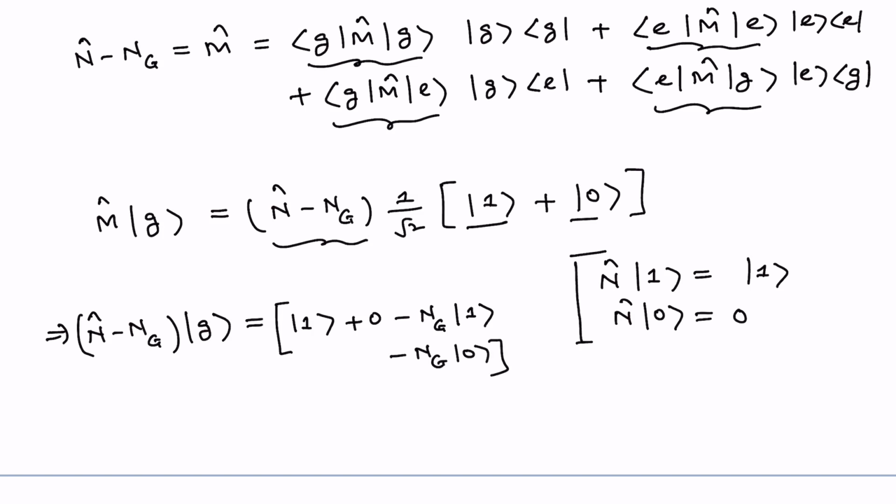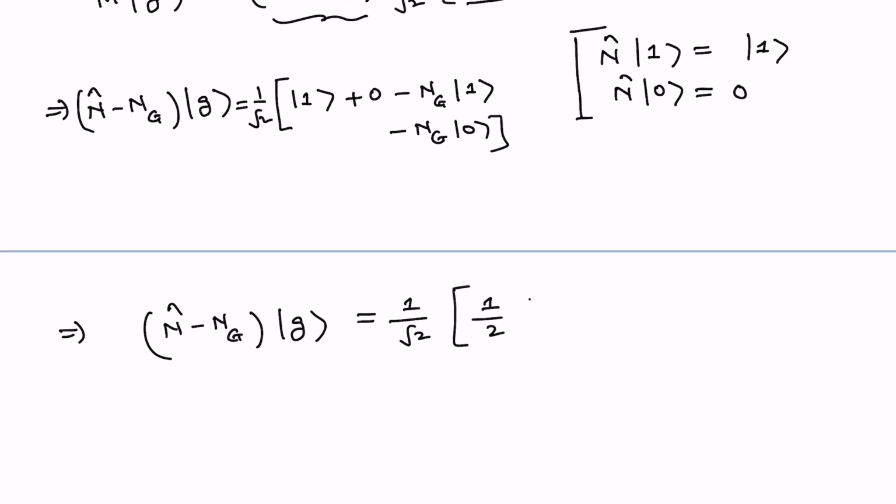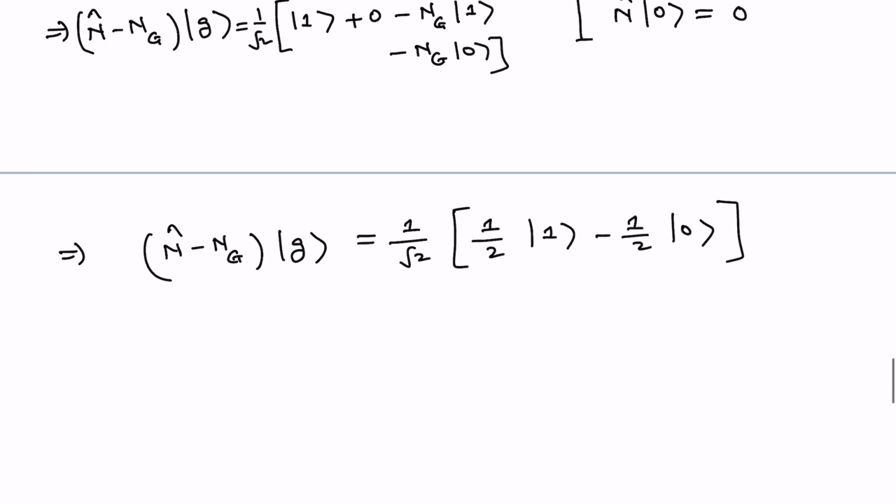Of course, I have a multiplicative factor of 1 by root 2 as well. Now, n minus nz operating on ket z, if I put nz is equal to 1/2, you will get 1 by root 2 times (1/2 ket 1 minus 1/2 ket 0).